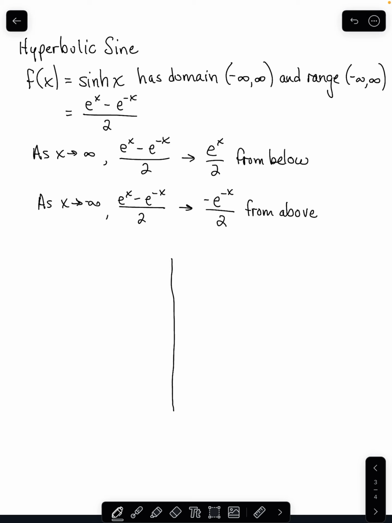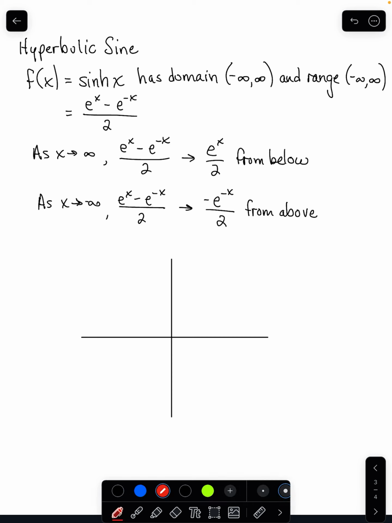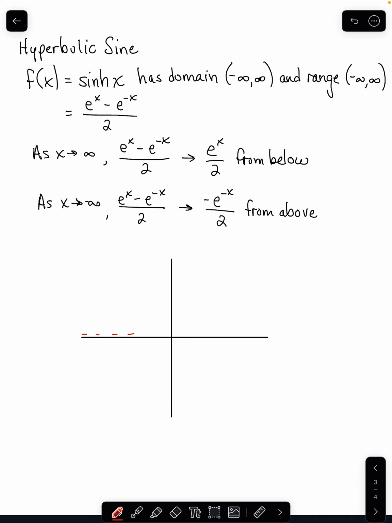This matters because our asymptotic functions are going to be e to the x over 2 and e to the negative x. Sorry, negative e to the negative x over 2.